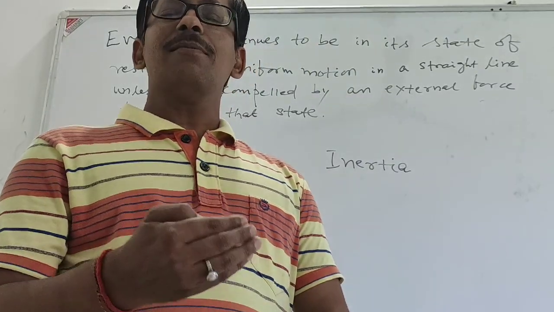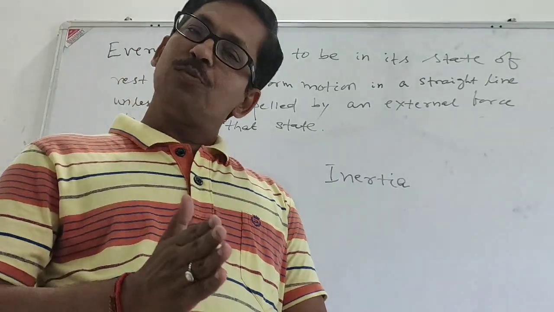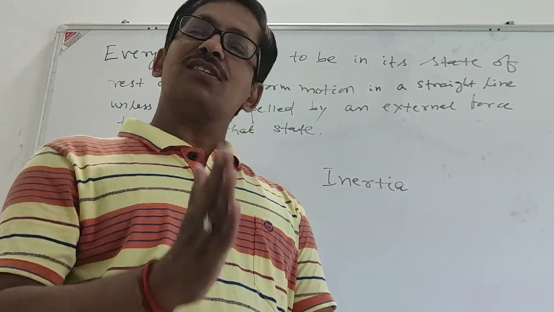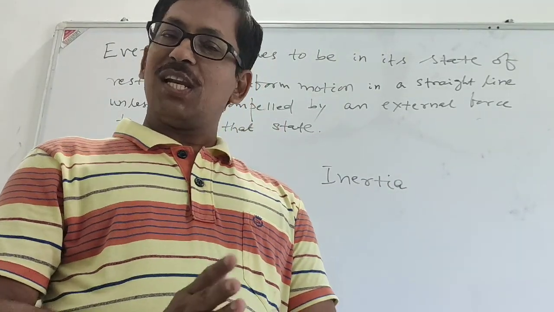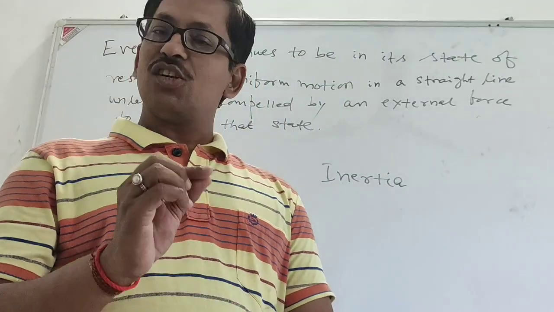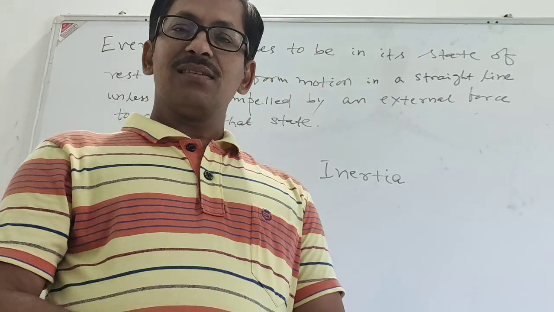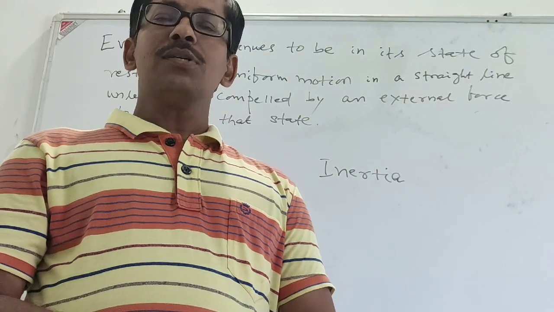Now similarly, what is inertia of direction? When a body is moving along a straight line path, it tends to move along the same straight line path unless an external force is applied on it. That is called inertia of direction. I will give an example.